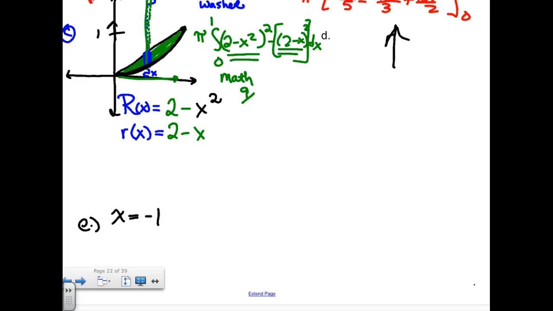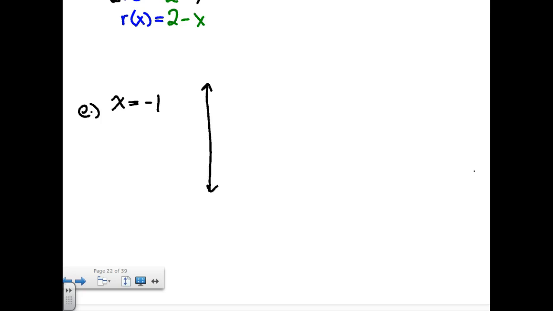So again, same region. Let's go draw it. If you don't have much room, just draw it on the back of your note packet or something. It's the parabola y equals x squared, intersecting at 1, 1. Shade it in.